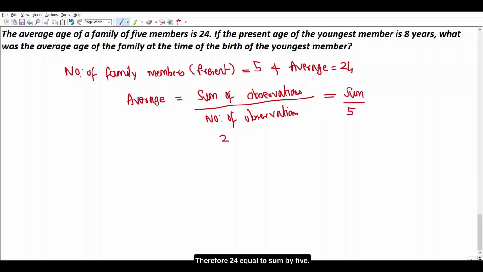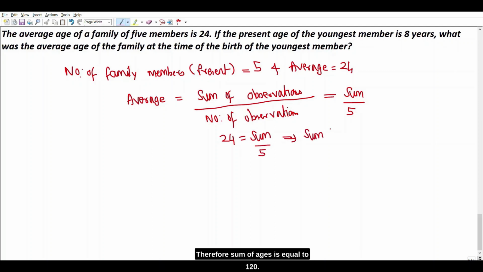Therefore, 24 equal to sum by 5. Therefore, sum of ages is equal to 120. So, in the question, we want to find average age of family when younger one was born.